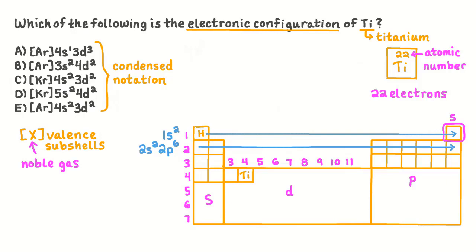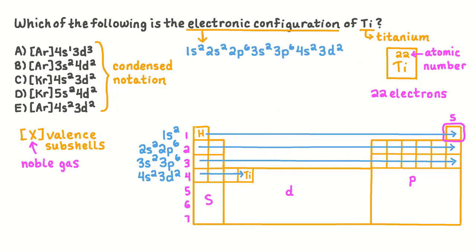So we can write 2s2 2p6. Moving across period 3, the pattern is similar to period 2. We will fill the 3s subshell with 2 electrons and the 3p subshell with 6 electrons, so we can write 3s2 3p6. Finally, in period 4, we fill the 4s subshell with 2 electrons and the 3d subshell with 2 electrons, so we can write 4s2 3d2.